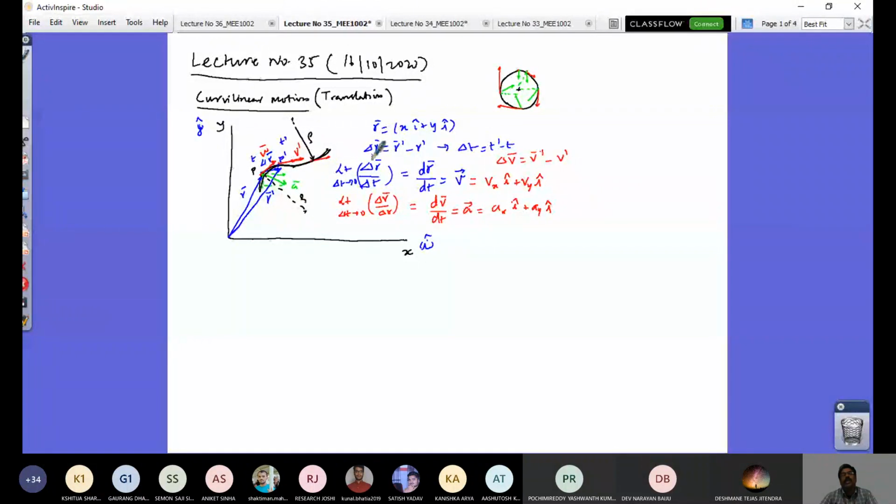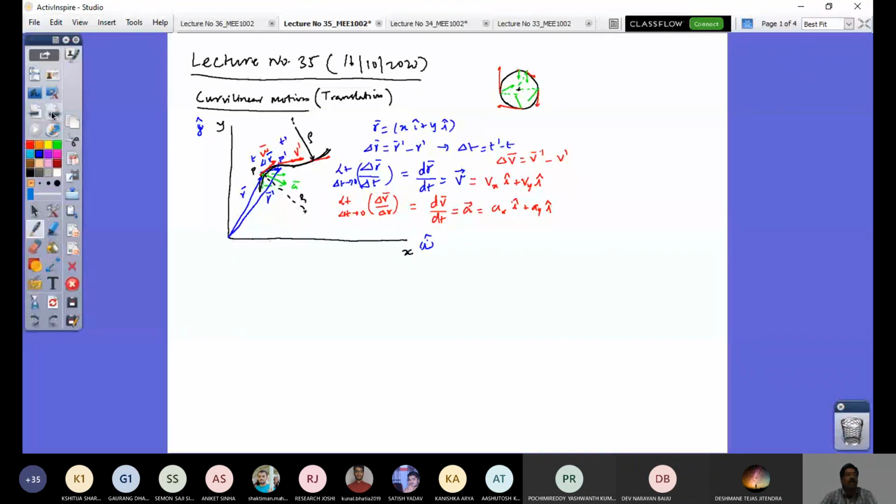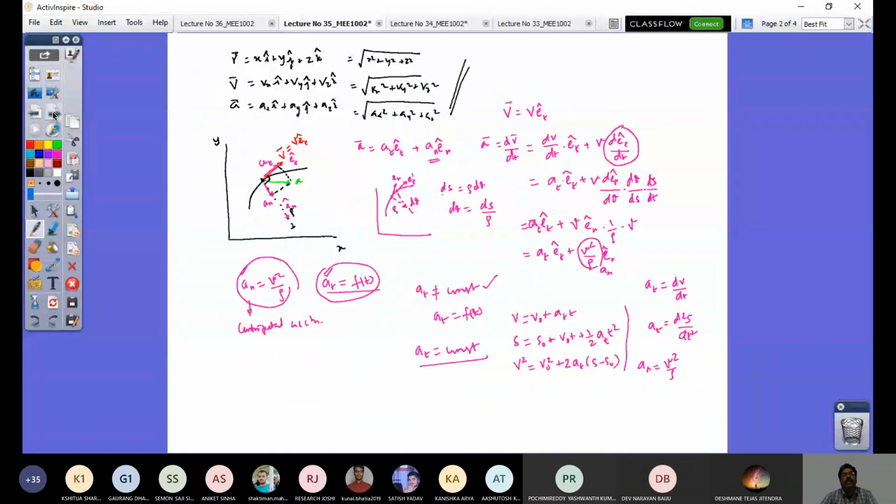It generally goes in direction along the curved path. With that basis, we started understanding curvilinear motion and its translation. We represented the motion parameters in a rectangular coordinate system, and also saw that motion can be represented in a normal and tangential coordinate system.